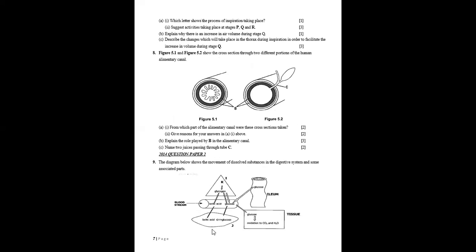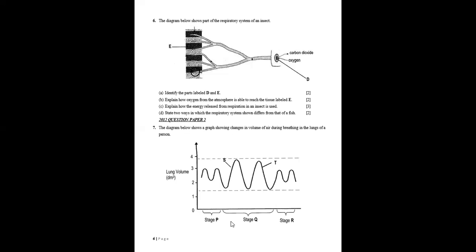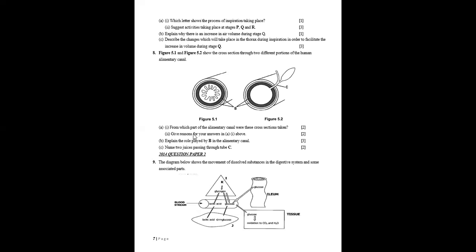So we have stage P, stage Q, stage R, lung volume, S, T. All right, A. Which letter shows the process of inspiration taking place?